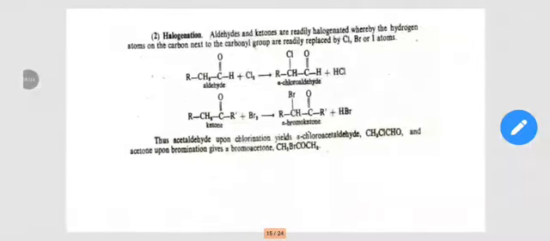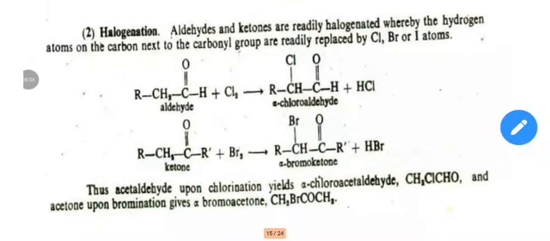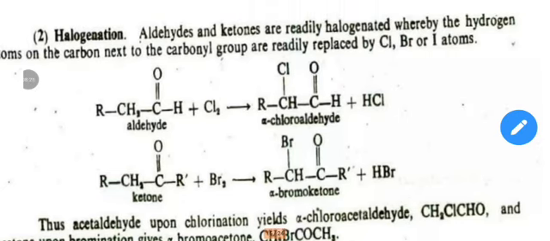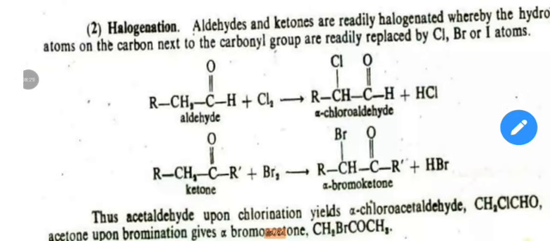Mesityl oxide. The next reaction is halogenation. Aldehydes and ketones are readily halogenated, whereby the hydrogen atoms on the carbon next to the carbonyl group are readily replaced by a chlorine, bromine, or iodine atom.